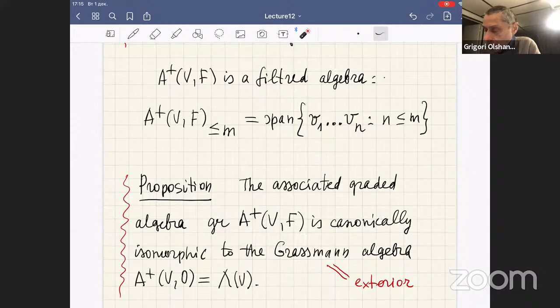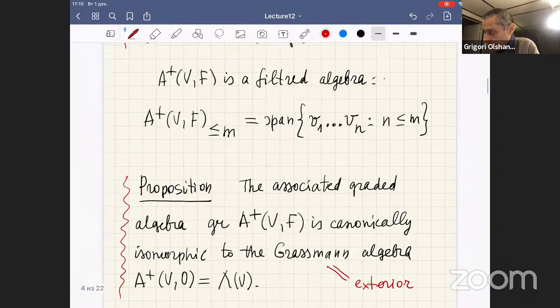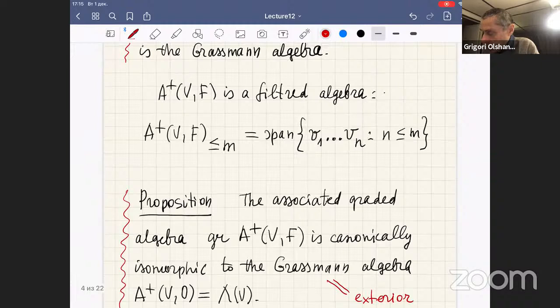By definition, in the graded algebra, the component m is the quotient: we take the subspace of degree less or equal to m and factorize by the subspace of degree less or equal to m minus 1.